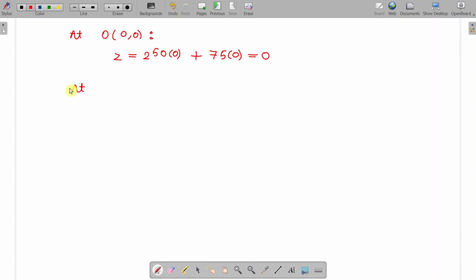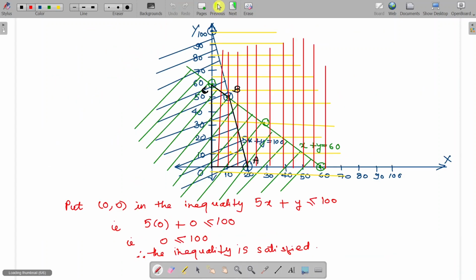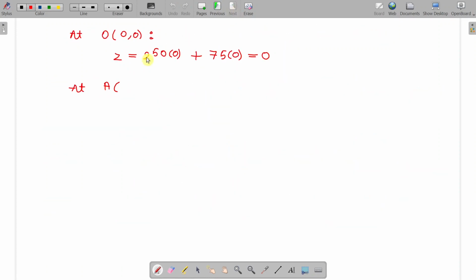Then at next point, that is A, so that is 20, 0. So 20, 0, Z will be equal to 250 times 20 plus 75 times 0, which will be equal to 5000.